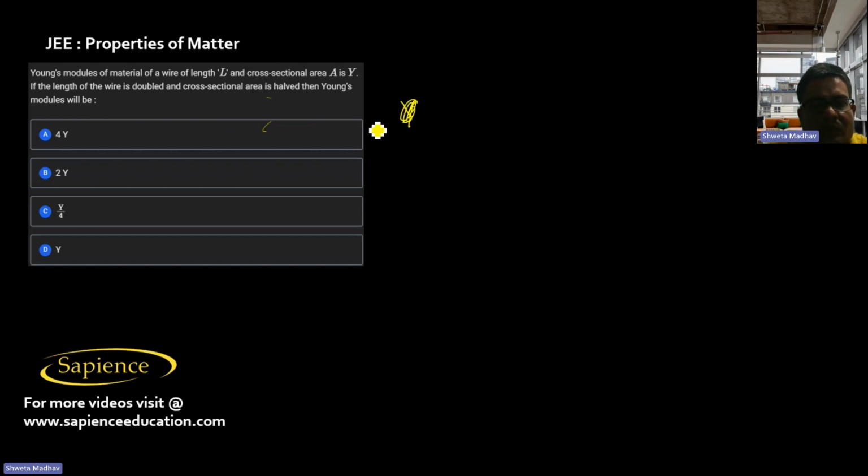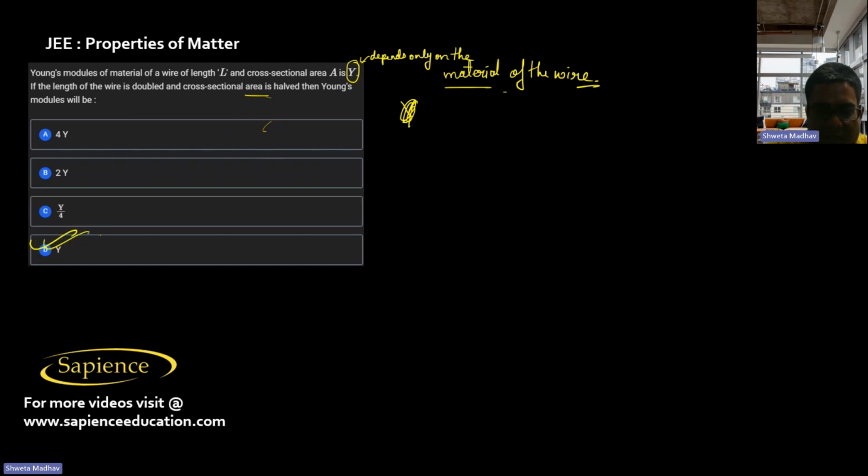So Young's modulus is independent of the length and cross sectional area. It depends only on the material of the wire. It is independent of the shape and geometry of the wire. So hence it will remain Y only. So option D is the correct answer.